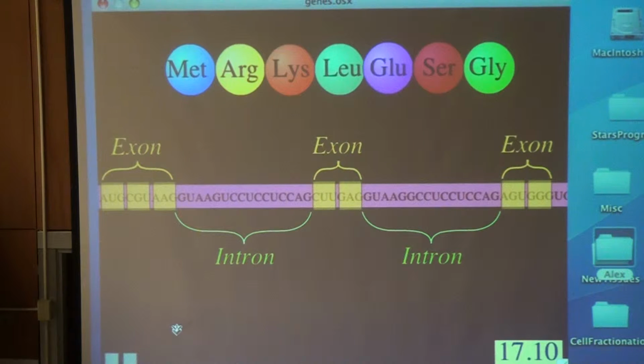If you look for the codons that match these amino acids, like here's methionine, its codon is AUG, and here's arginine, its codon is CGU, and lysine is AAG. You can find them in the RNA, of course, but they're not continuous. The codons for the first 3 amino acids are there, then there's a bunch of G's, A's, U's, and C's in the RNA that don't encode any amino acids. Then you find a couple more codons for the next 2 amino acids, and then another bunch of G's, A's, U's, and C's that don't encode any amino acids, and then the last 2 codons right there.